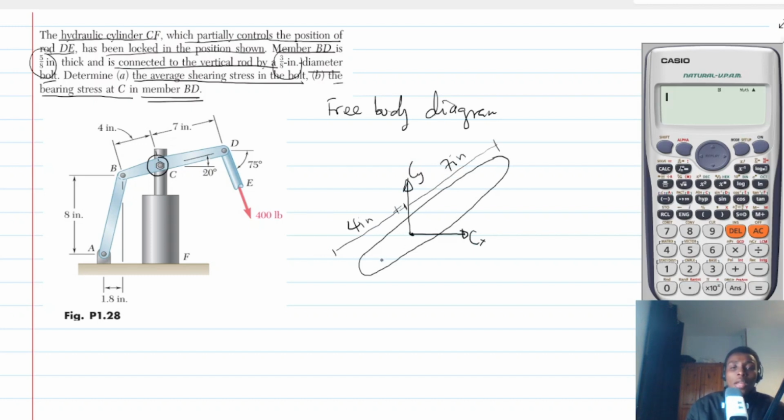All right. Now point B is here, and then point D is here. Standing at point B, what do you see? At point B, we have this member here, but this member is actually a two-force member. So when we see a two-force member, it means tension or compression.